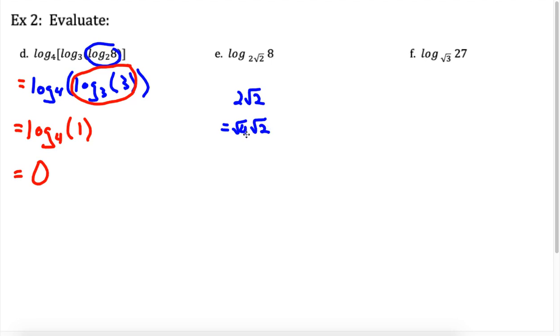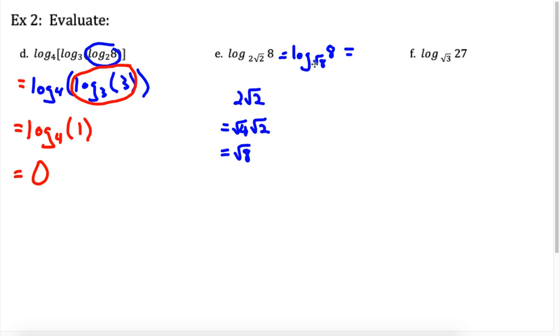Okay, it might not be immediately obvious why we would rewrite 2 as the square root of 4, but if I do that, then I can multiply those together. The square root of 4 and the square root of 2 would multiply to the square root of 8. So I can actually just rewrite this as log base square root of 8 of 8.